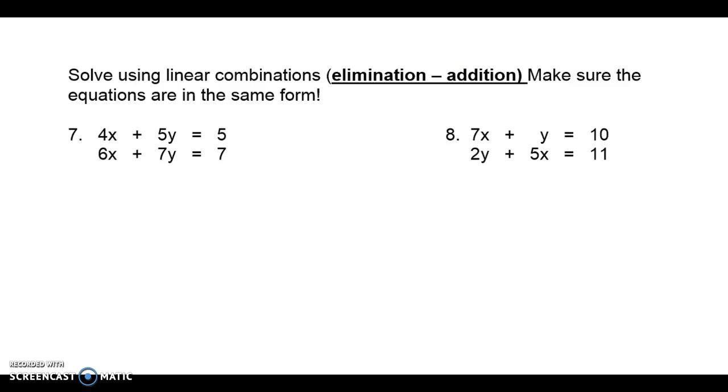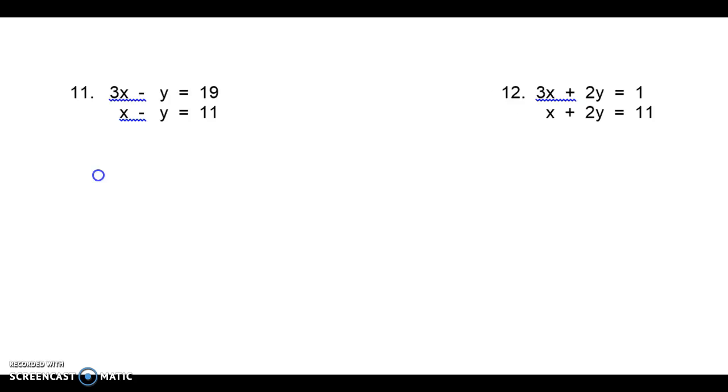Remember, we want to get coefficients of one of the variables to be the same except different signs, right? You got to watch that because we want to be able to add these equations together. So, I'm looking at this here, and I think I'm going to go after the x's.